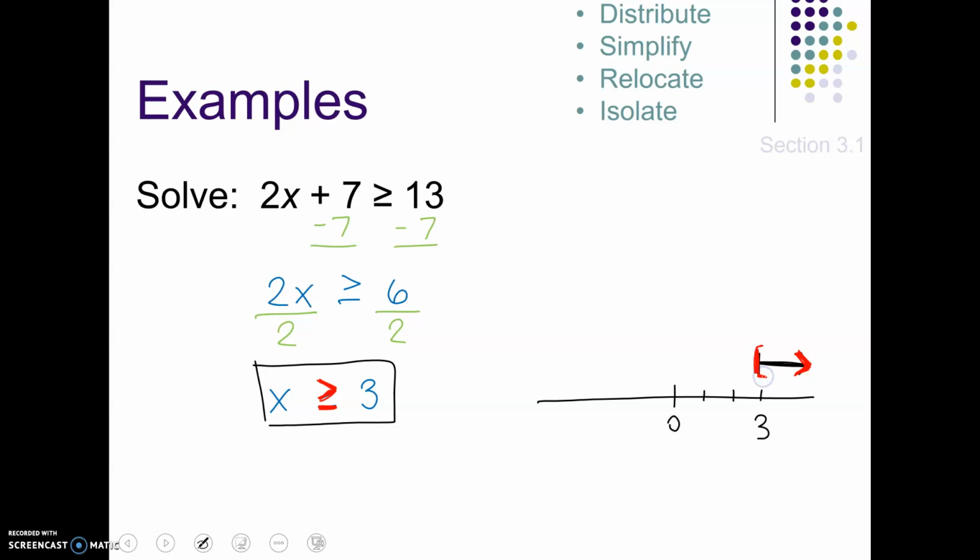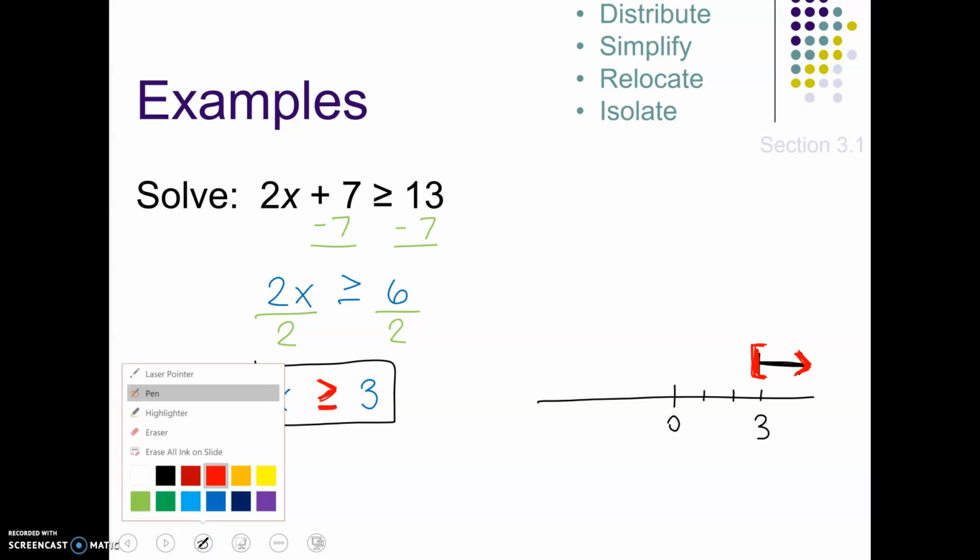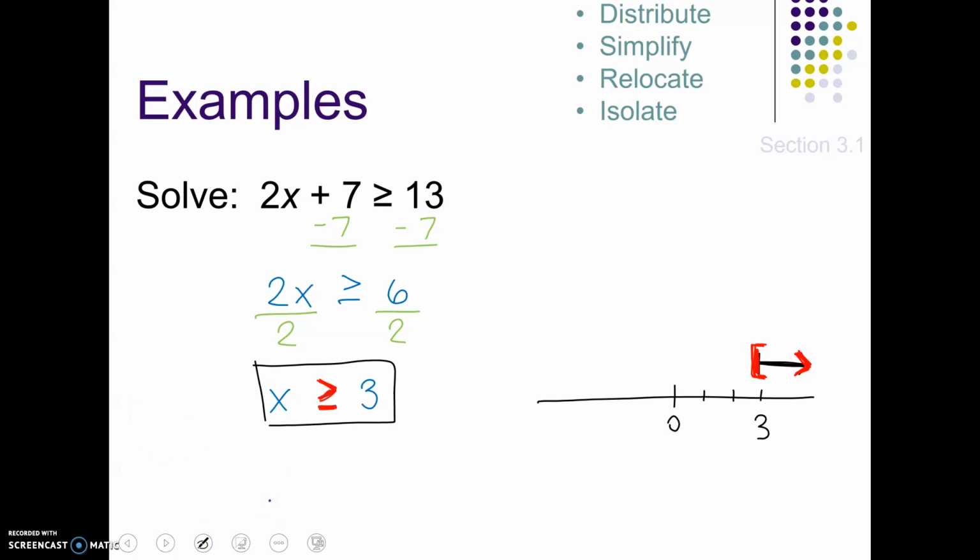And what we'll end up doing is writing what looks like a square bracket on that 3 to say that we can include anything from 3 on up to infinity. There's a special kind of notation that we use called interval notation. So this would be considered our inequality.